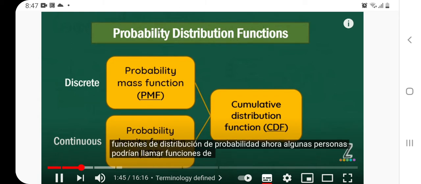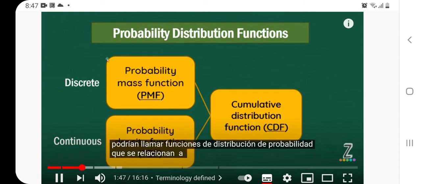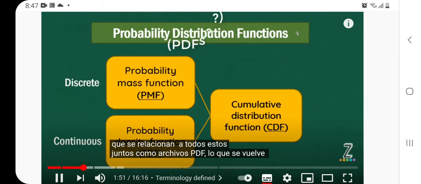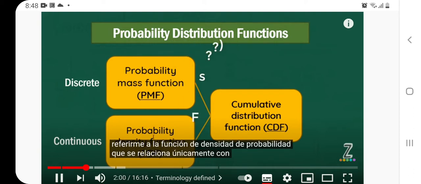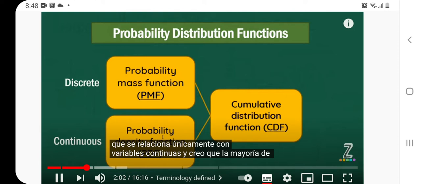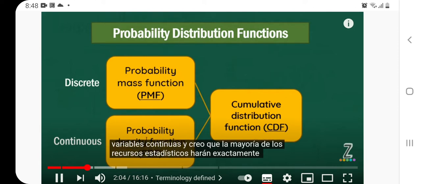Now some people might call probability distribution functions, which relate to all of these together, PDFs, which does get a bit confusing, doesn't it? But I use PDF to mean the probability density function, which relates solely to continuous variables. And I think most statistical resources will do exactly the same, but just be careful with the term PDF.